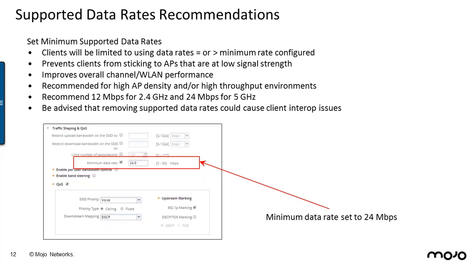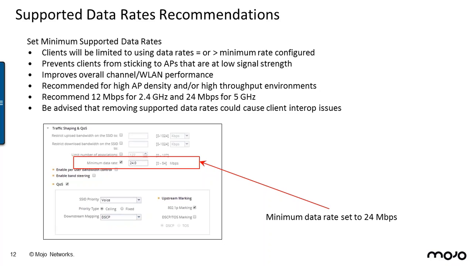So if you remove these lower data rates, the data rates that the clients can connect at, and also the data rates for that traffic to be transmitted, you effectively can shrink your cell, and shrinking the cell gives you the ability to reuse that channel sooner.